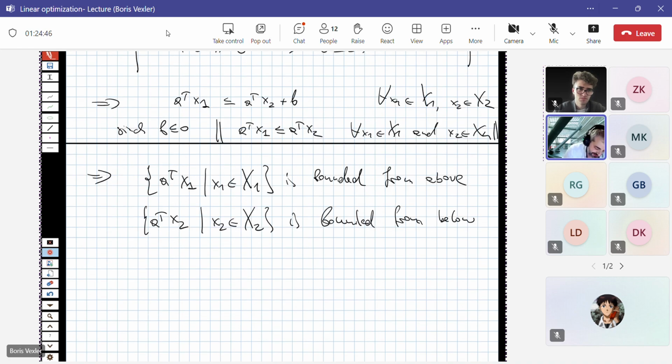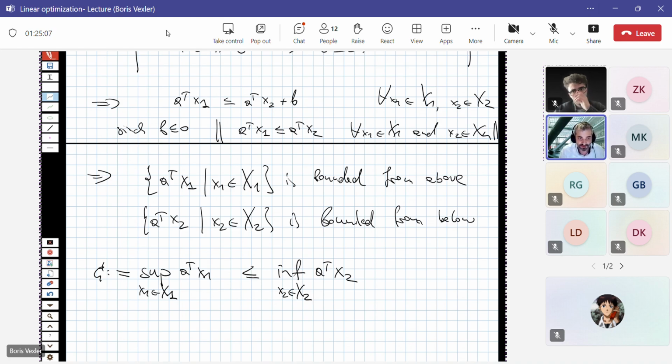And we can take, let's say, a constant C just as the supremum of a transposed x1, x1 in capital X1. And this will be for sure less or equal than the infimum of all a transposed x2, x2 from capital X2. Okay. And now what does it mean?